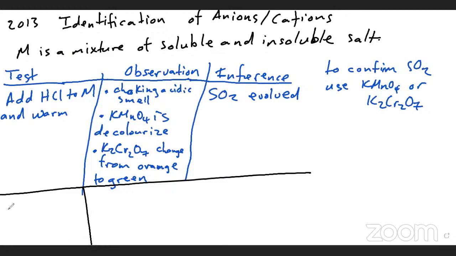So basically, you're adding acidified K2Cr2O7, Cr2O7 2 minus.